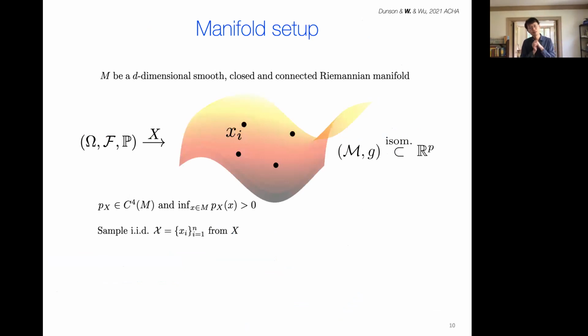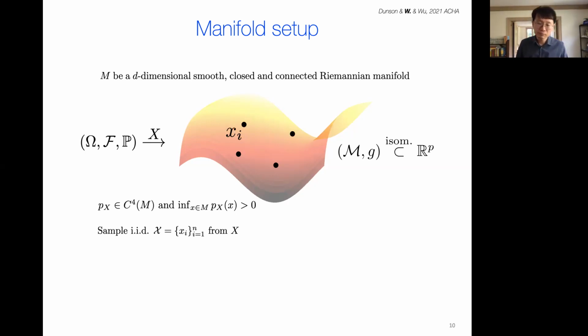Okay, so let's have a basic understanding of the algorithm and see how it works. So we consider the manifold setup. You can consider more general settings; for example, recently some groups have started to consider RKHS, or some matrix spaces with singularities and so on, but we won't go that far.